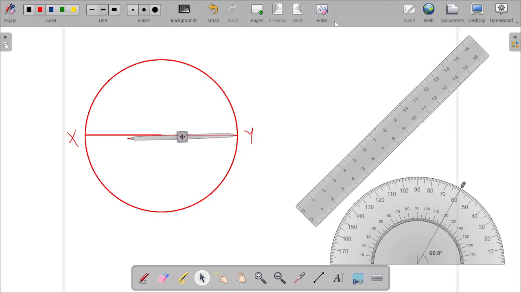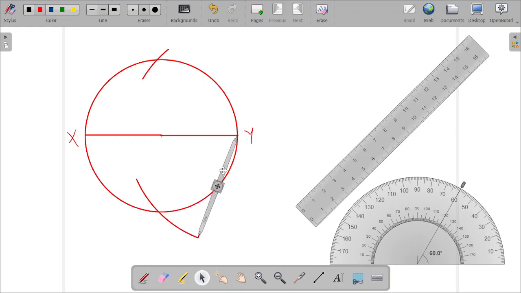Very important. Then you have to make two arcs. So I'm going to make an arc above and below that line. Just make two arcs, one above and one below.